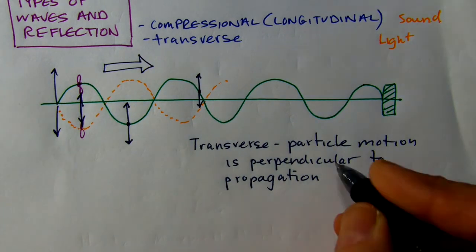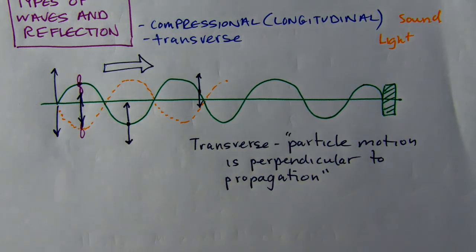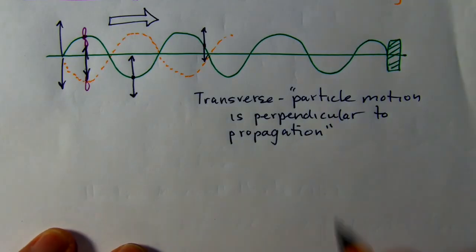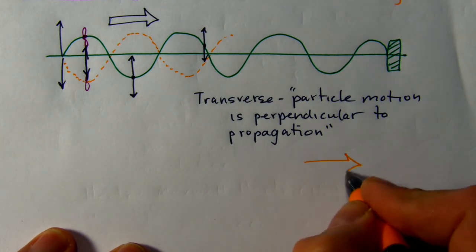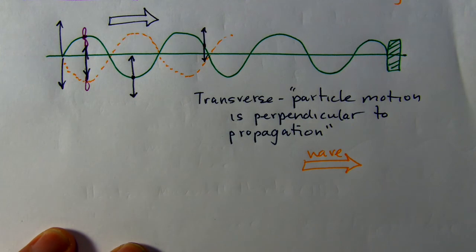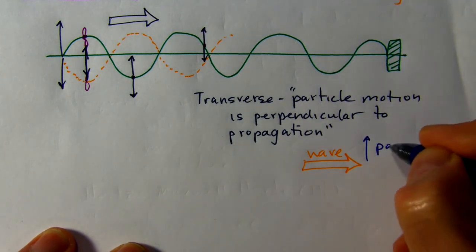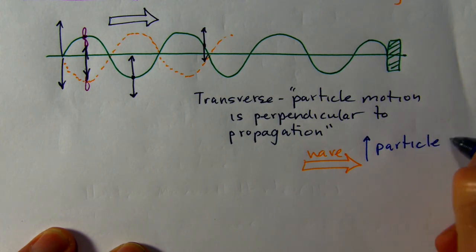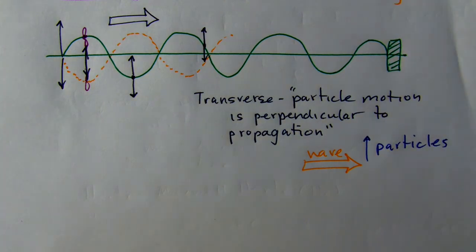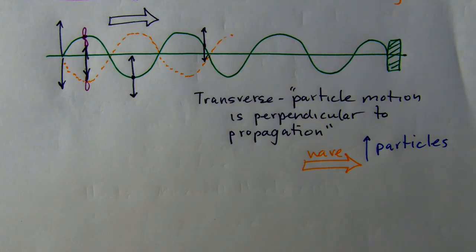You should really learn that one. Particle motion is perpendicular to propagation. All we're really saying is that the wave moves this way, but the particles move this way. That's all that really tells us, that a transverse wave is described by that type of motion.